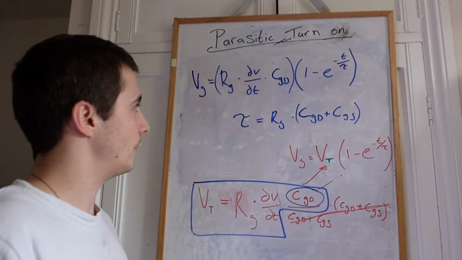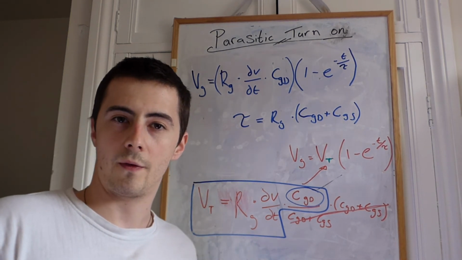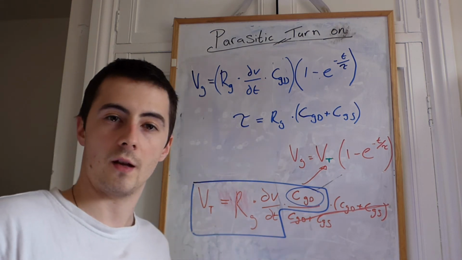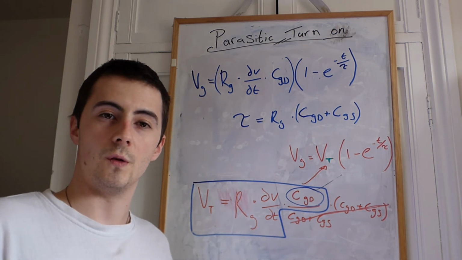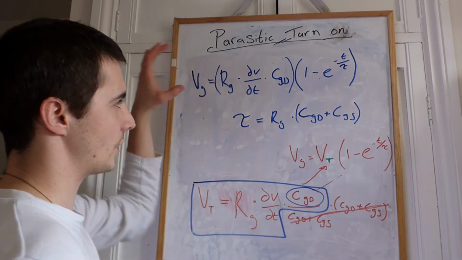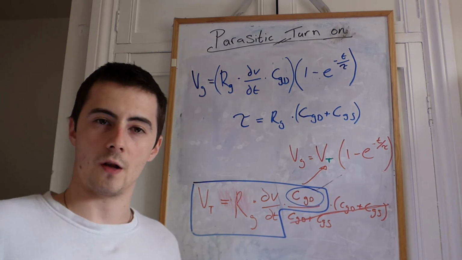So what we'll do now is plot this equation in SMath, and we'll model our MOSFET in LTSpice, and we'll make sure that the two plots concur, and then we can categorically say that this equation is the defining equation for parasitic turn-on.